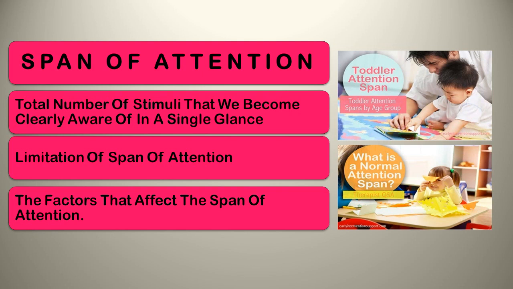Factors like age, intelligence, practice, experience, habits, etc. may affect the span of attention. For example, due to practice, the span of attention of a telephone operator or a typist may be greater than that of an ordinary individual.